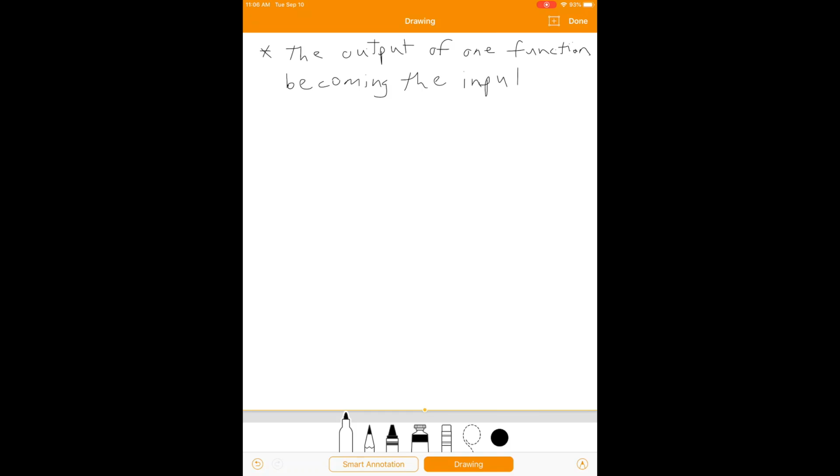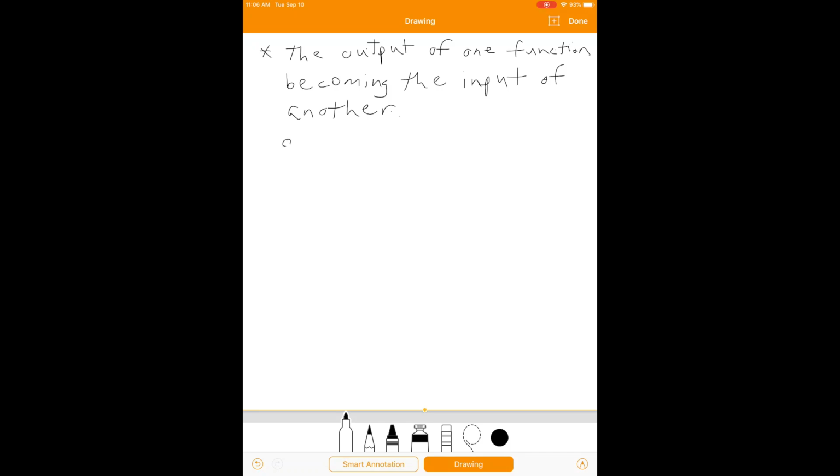Now, we've worked with function composition before. Specifically today, we're going to be talking about the domain of our new functions. So with function composition, that's the output of one function becoming the input of the other. So we'll have to think about both the domain and the range as we start to work through these examples.